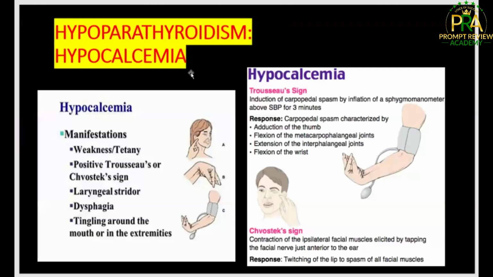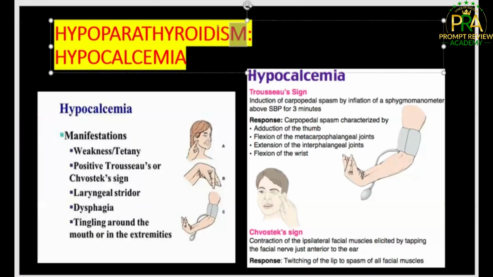But then we have hypoparathyroidism. Now it is low. So what is low now? The calcium is low. So it's the opposite of hyperparathyroidism. So in hypoparathyroidism, the calcium is low because there is an insufficient secretion of parathyroid hormone.